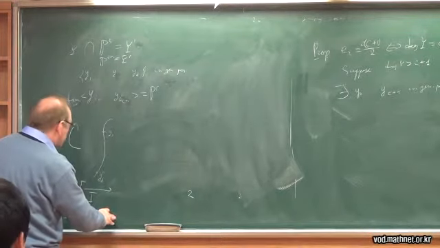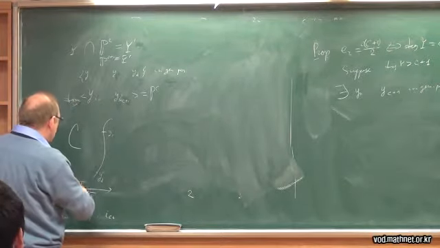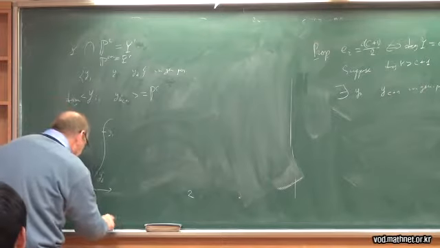How many points do we have? The dimension of the ambient space is c plus 1, and so we have c plus 1 points.